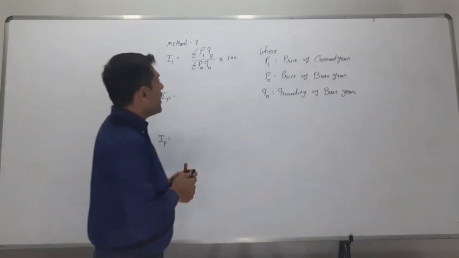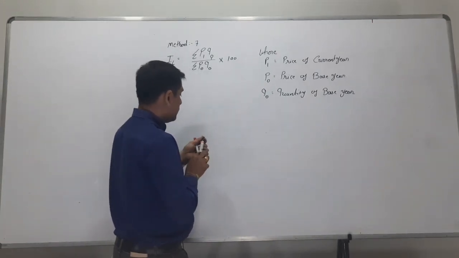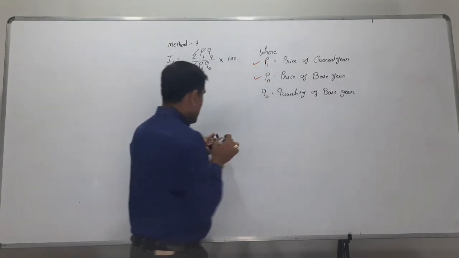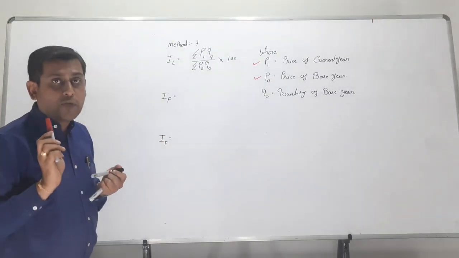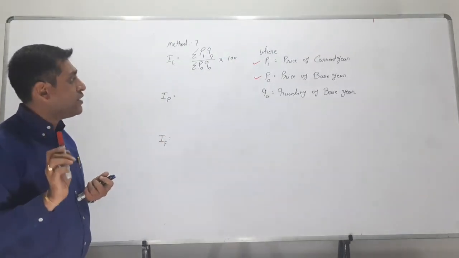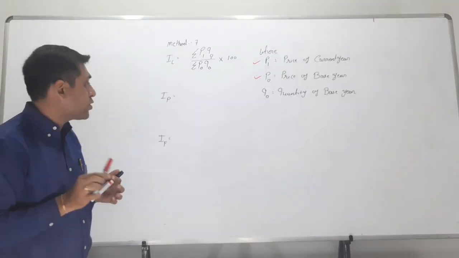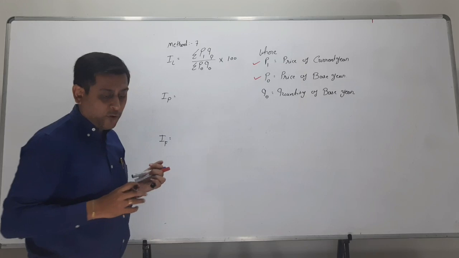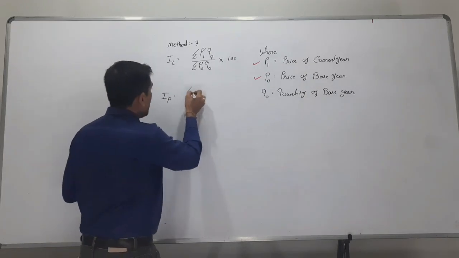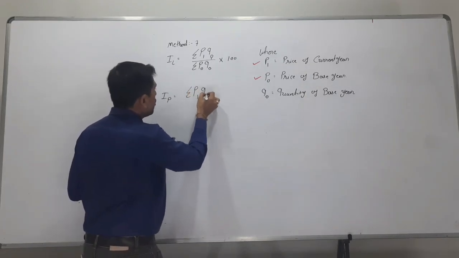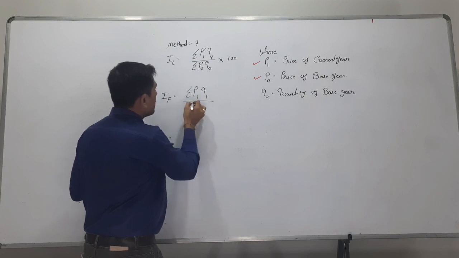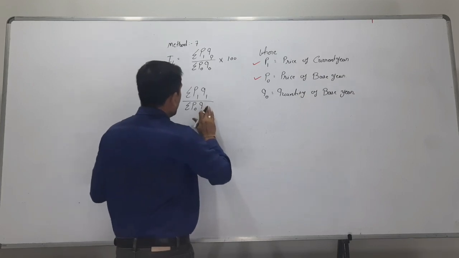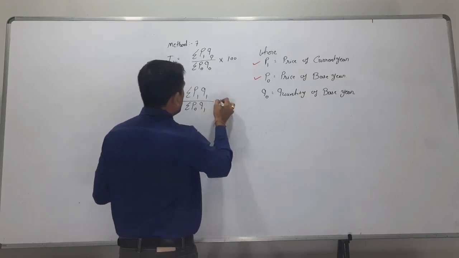The main thing is that price of current year as well as price of base year is given in all the questions, because the formula for Paasche's is sigma P1 Q1 upon sigma P0 Q1 into 100.